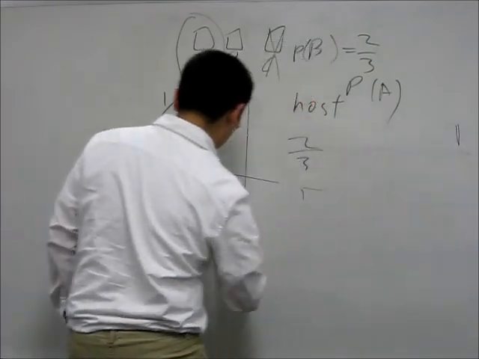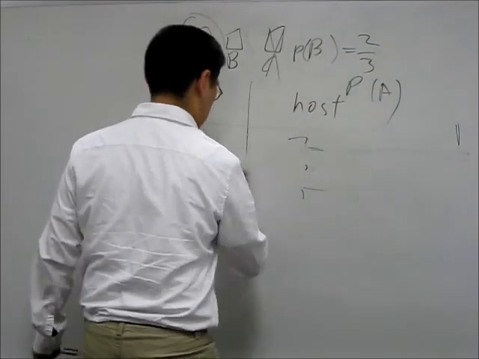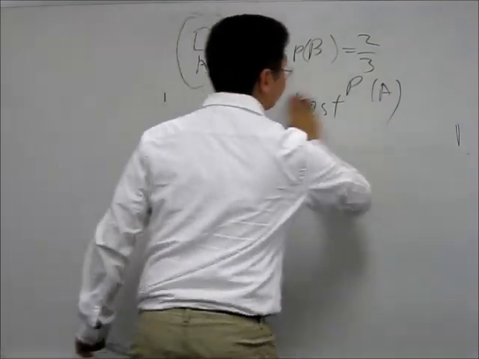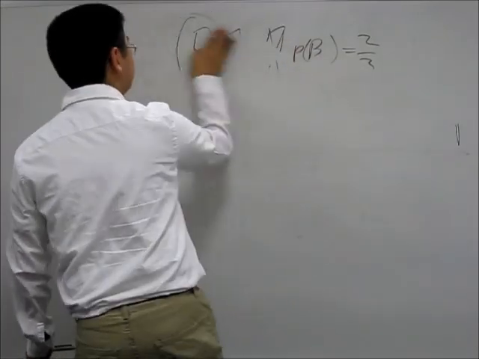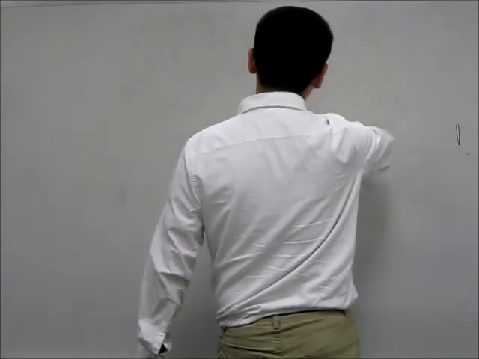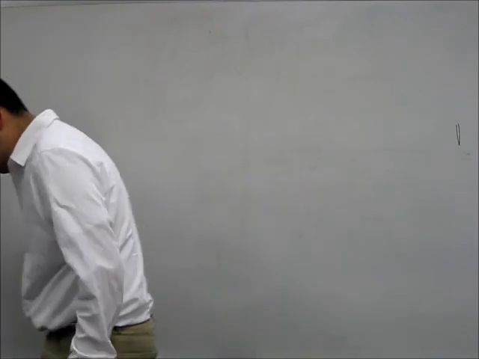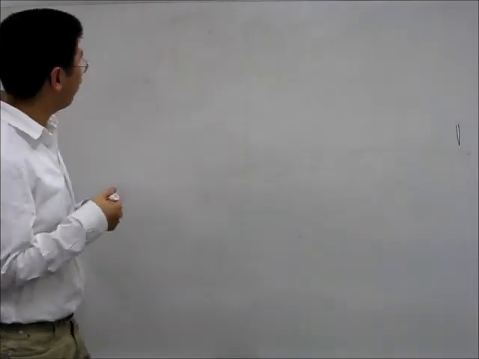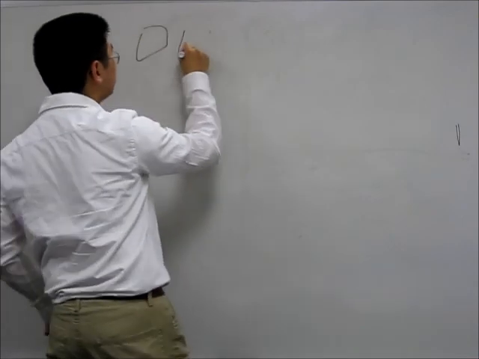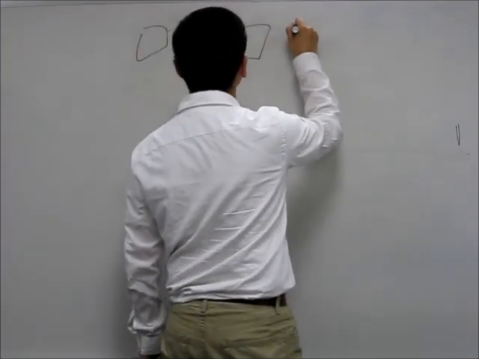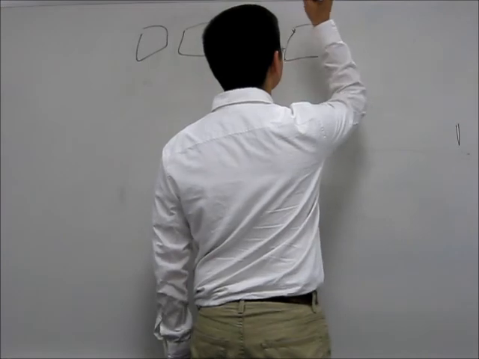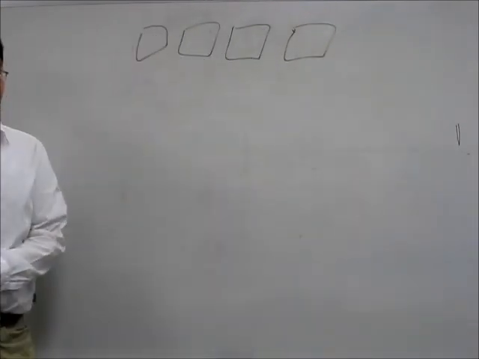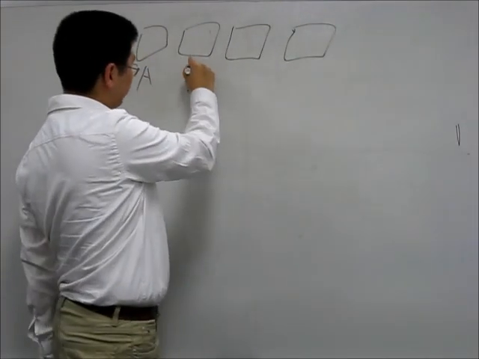Now, what we're going to do is see what happens when there are more doors. So let's say you're playing with 4 doors, and the host says, pick a door.